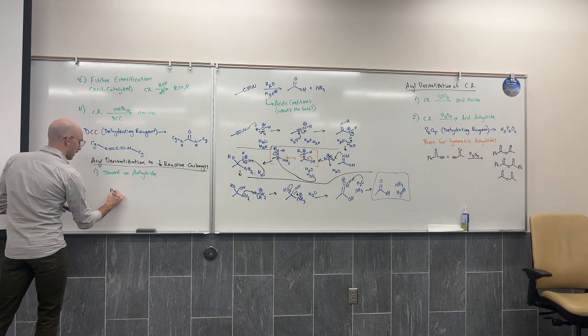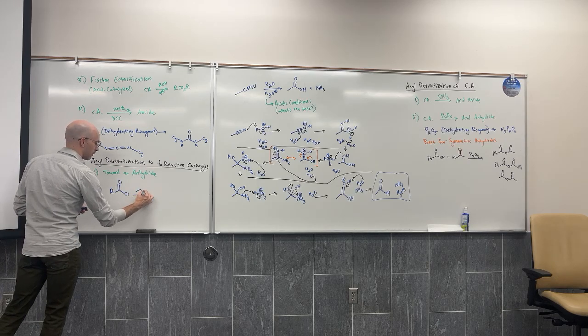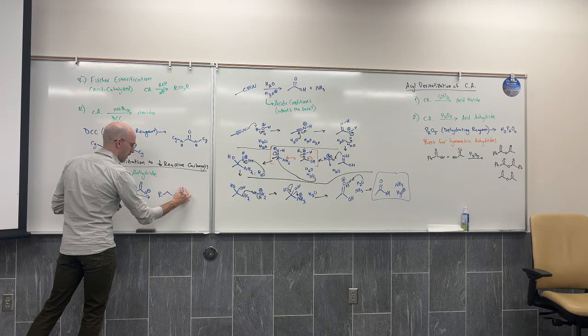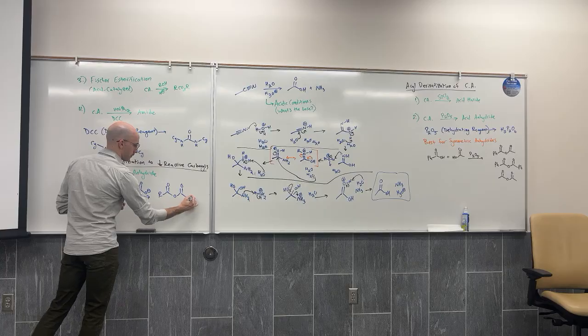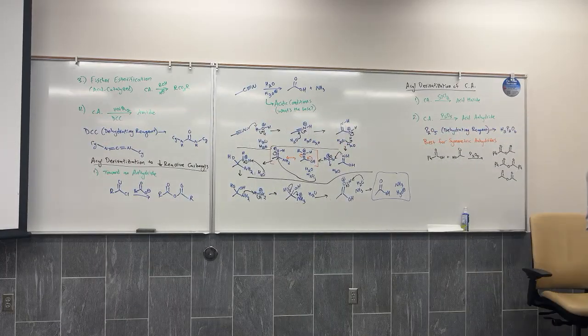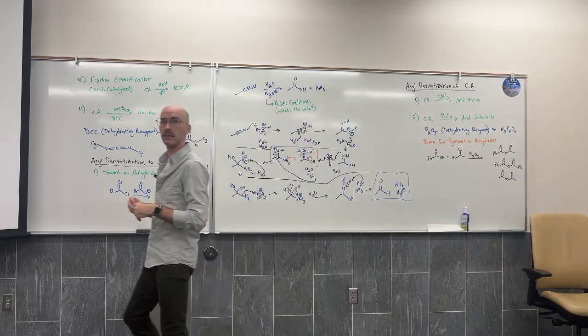So we take an acid halide, react it with a carboxylate. This is a good method for making an asymmetric anhydride.